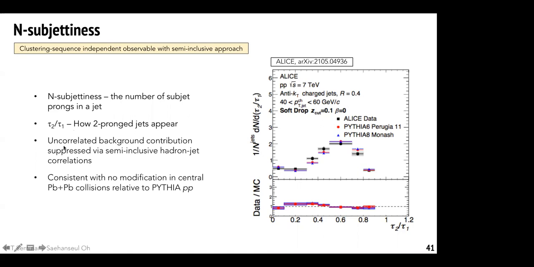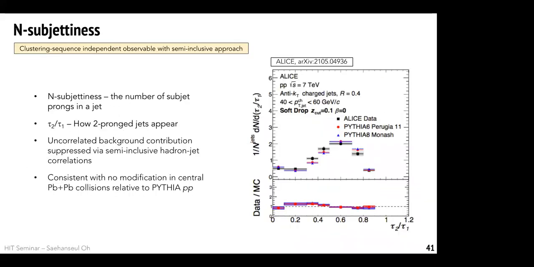A semi-inclusive approach is used, so uncorrelated background contribution is suppressed via semi-inclusive hadron-jet correlations. And this result is consistent with no modification in central heavy ion collisions relative to pp collisions. So this is the 4th method.